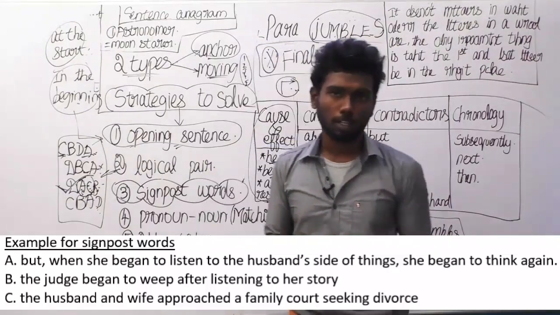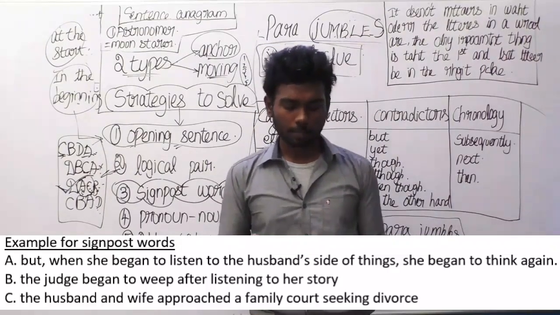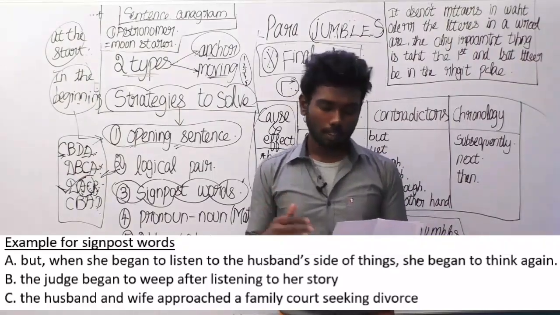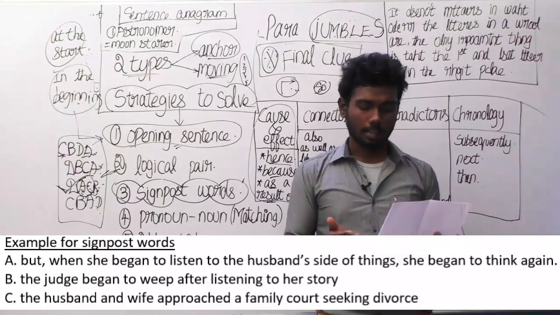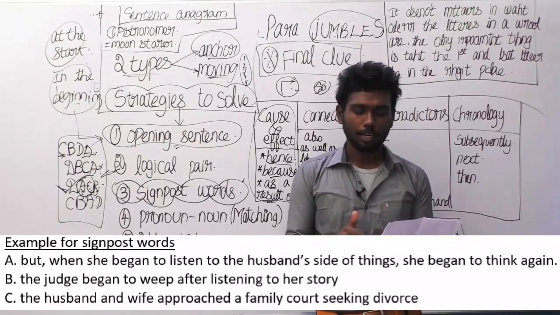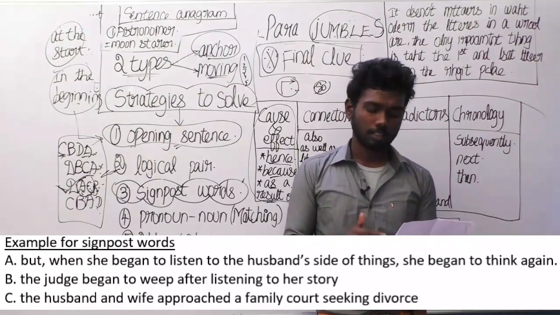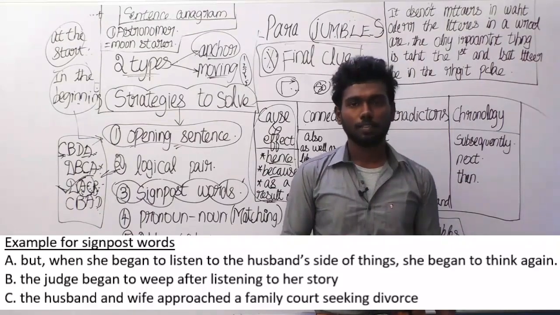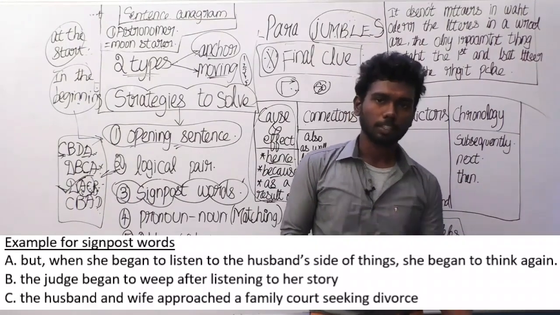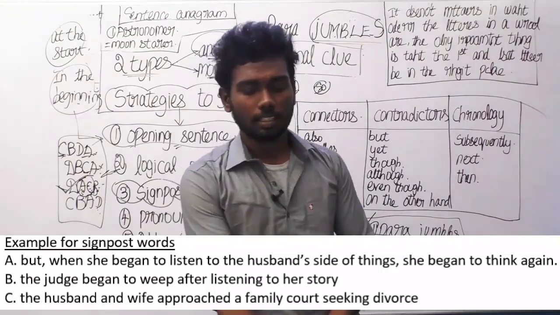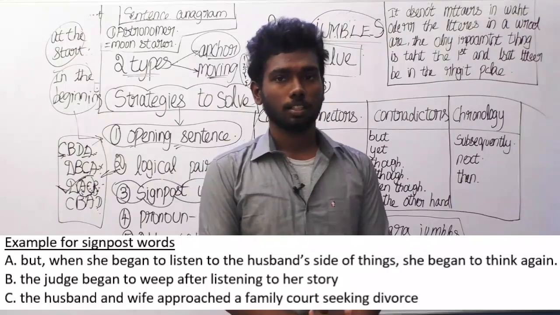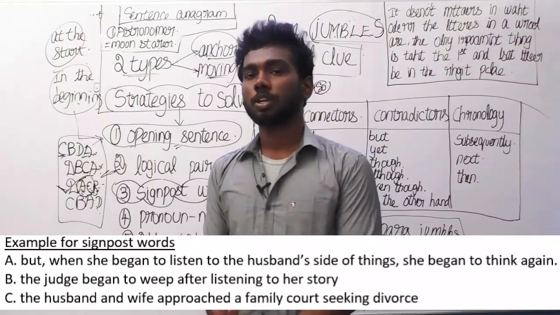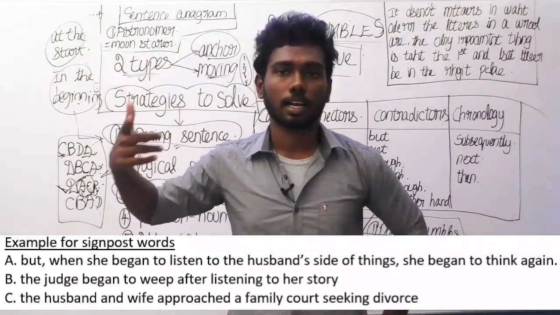Obviously there is no possibility for but to come in the second sentence, because the second sentence will be, the judge began to weep after listening to her story. And but when she began to listen to the husband's side of things, she begins to think again, will be the order, because initially the judge listening to the girl's story, she cried, but she listened to the boy's story and she began to think again.